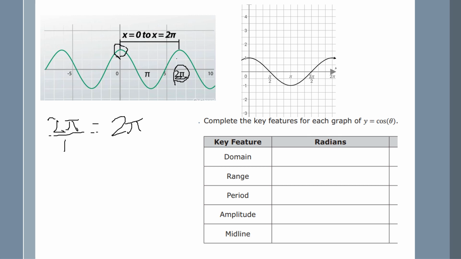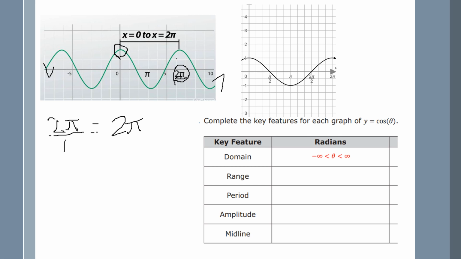By now I assume that you did pause the video and work the problems out. So let's do it. The domain of the cosine function is going to be from negative infinity to positive infinity, which we knew because it's a periodic function. The graph never stops, it keeps going.